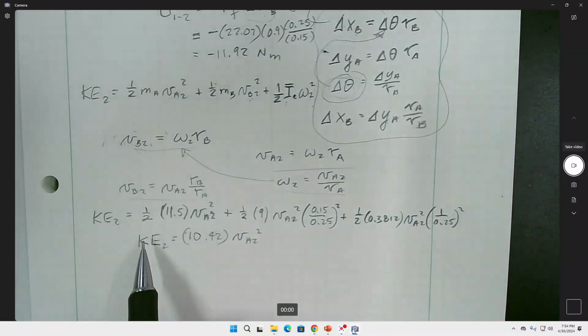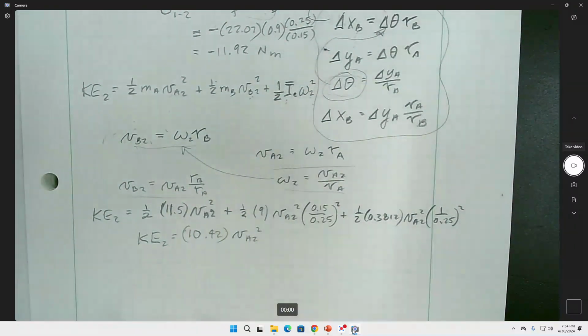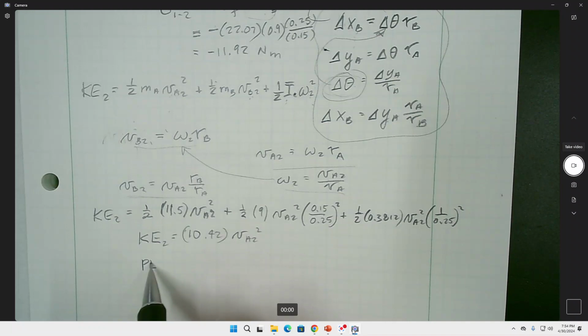I have everything done except for the potential energy 2, but we know that's going to be 0 because we call that the datum.